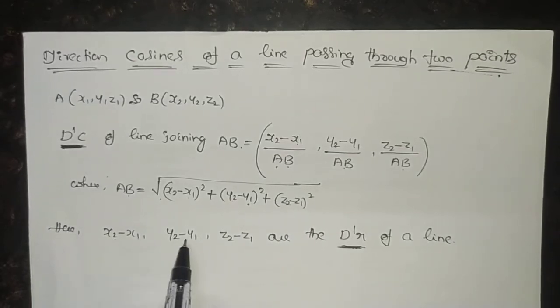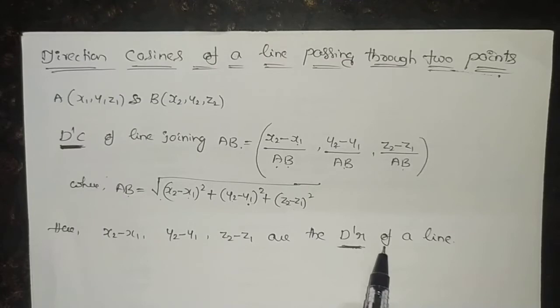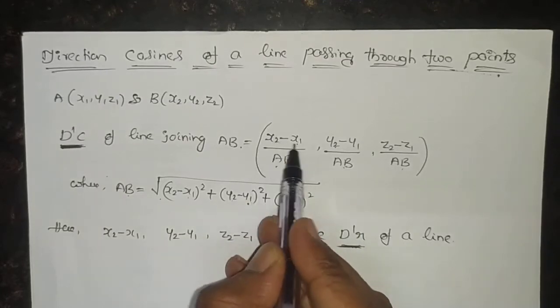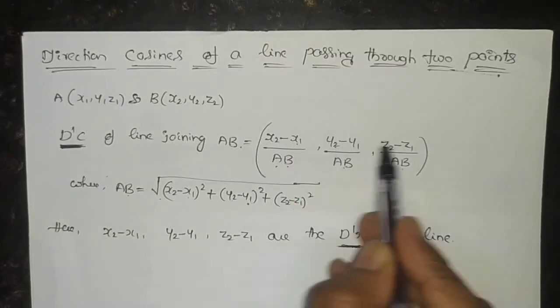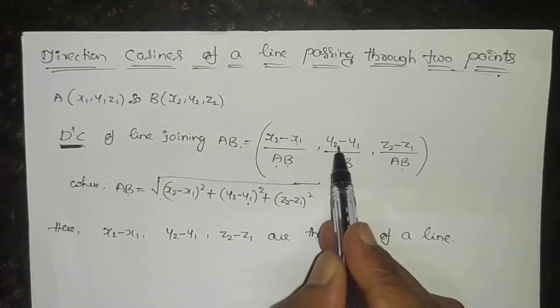Here x2 minus x1, y2 minus y1, z2 minus z1 are the direction ratios of the line.